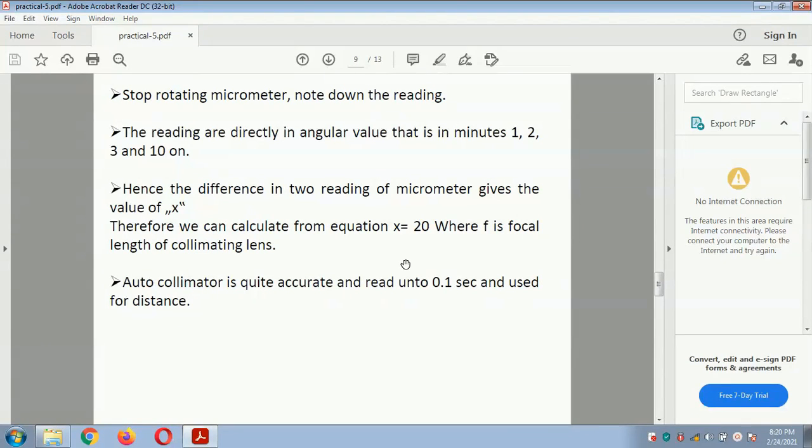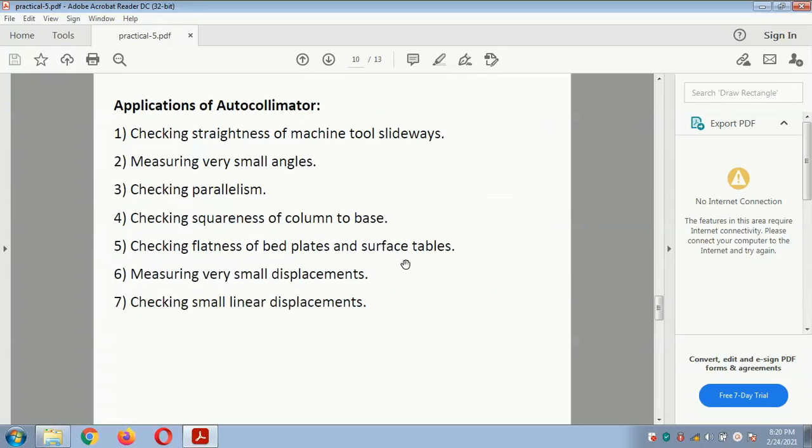Rotate the micrometer and note the reading. The readings are directly in angular value in minutes. So the autocollimator is quite accurate and reads up to 0.1 second.